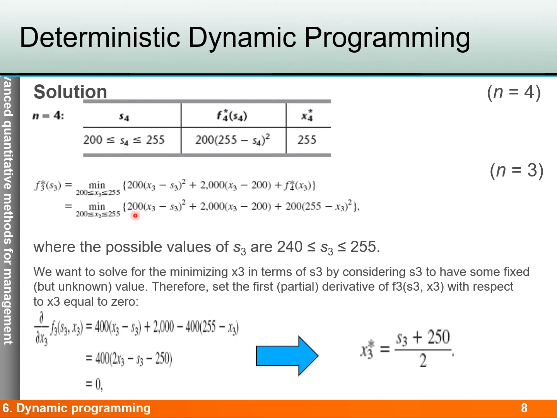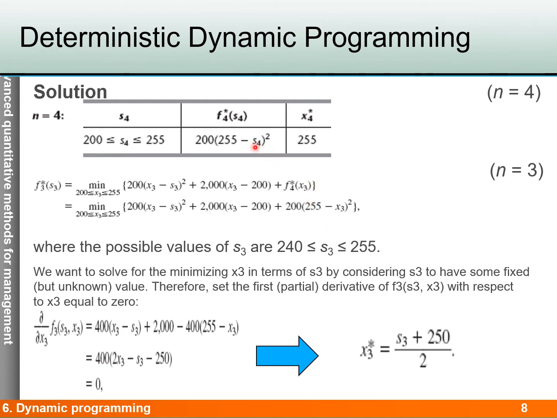So totally, as you see here, the formula for F3 star of S3 is equal to this total cost: 200 multiplied by S3 minus X3 minus S3 square, plus 2000 multiplied by X3 minus 200, plus 200 multiplied by 255 minus X3 square.